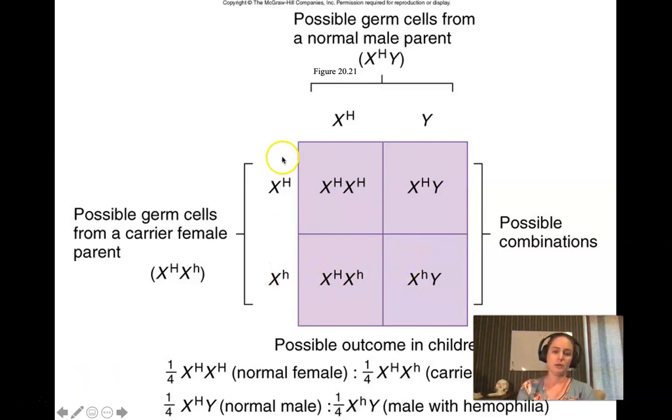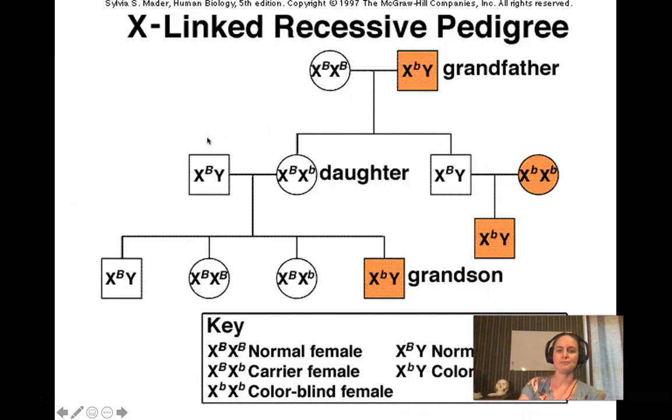Essentially, you need both X chromosomes inherited to be the recessive form, which is a challenge. It can happen, it's just very unlikely. It means mom and dad both had to have the colorblind X chromosome passed down. So again, it passes on mostly to sons, very rarely to daughters.